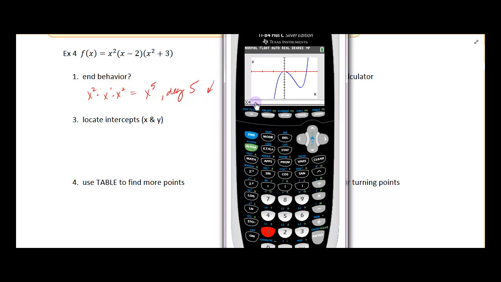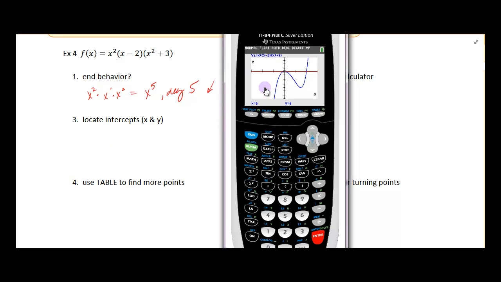There we go. This is what I'm looking for. The calculator is waiting for me to input some value for x. Well, I think that when x is 0, y is going to be 0, but let's just make sure. So if I put 0 in for x, sure enough, that's the actual location of my intersection for the y-intercept. So I have found both of those intersections as well.